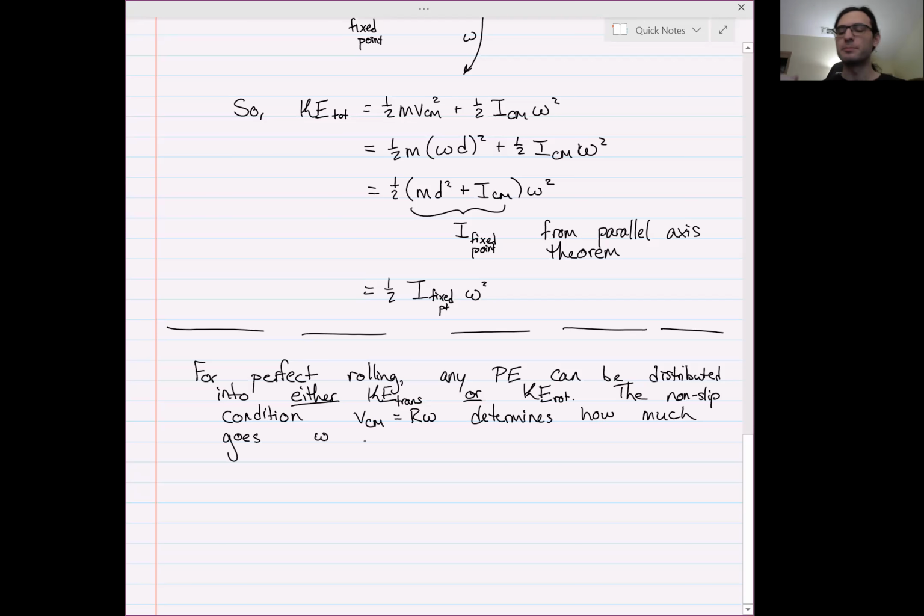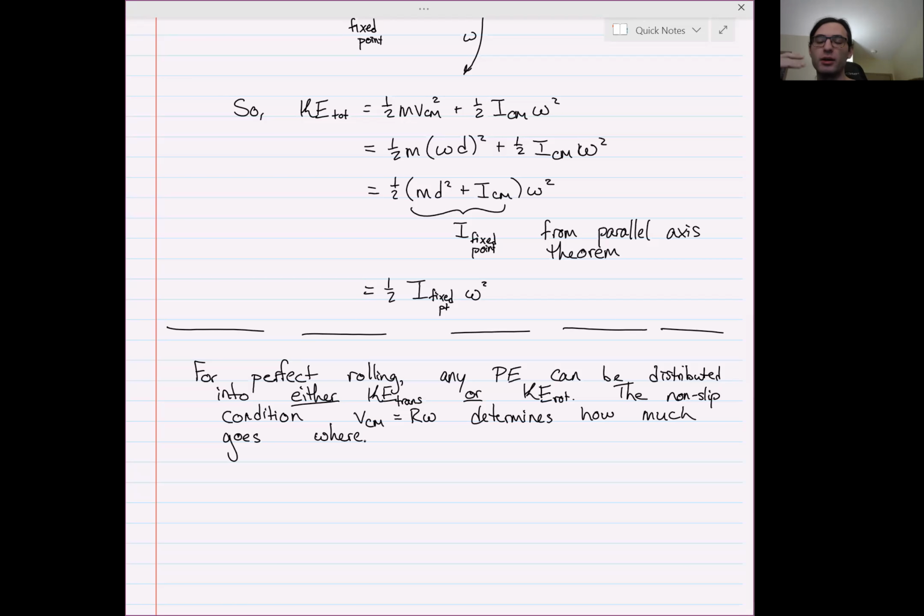The whole point is that if you have a barrel rolling down a hill, we can assume the barrel doesn't slip. If the barrel has a really small radius, then it has to rotate a whole bunch of times in order to cover a small distance. Whereas if the barrel has a really large radius, a single rotation is enough to take it very far.